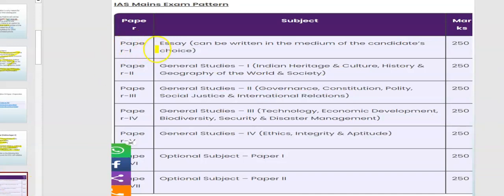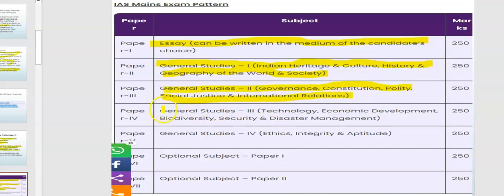Now, for Paper 1, the essay can be written in the medium of the candidate's choice, which would be for 250 marks. Then General Studies 1: Indian heritage and culture, history and geography of the world and society. Paper 3, General Studies 2: governance, constitution, polity, social justice and international relations.